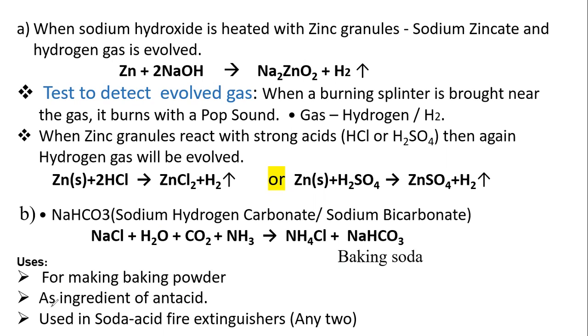Another use is that it is used as an ingredient of antacid. You know that when we take very spicy food or masala food, at that time we feel discomfort in our stomach due to the excess release of HCl. To neutralize the excess HCl, we have to use one base.